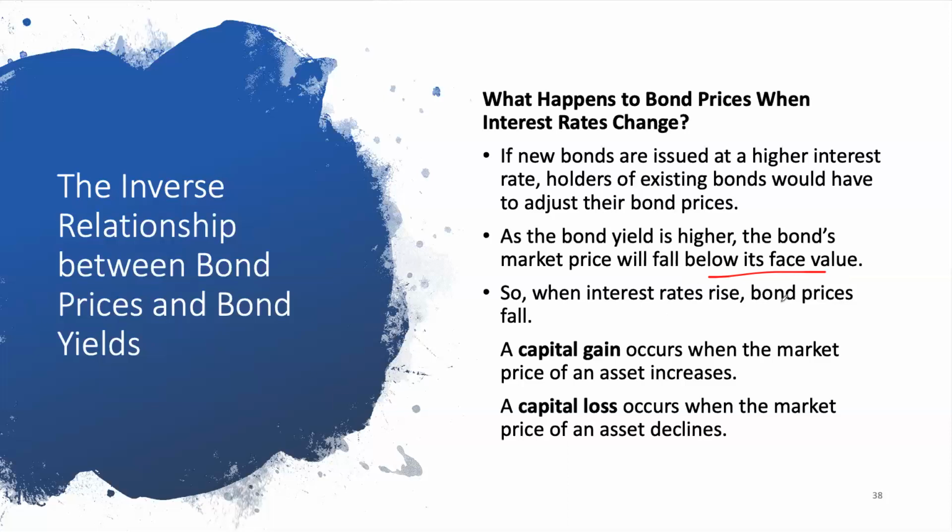So when interest rates rise, bond prices fall in order to compensate for that. And this is a crucial relationship to bear in mind: there's an inverse relationship between how asset prices move relative to moves in the interest rate.